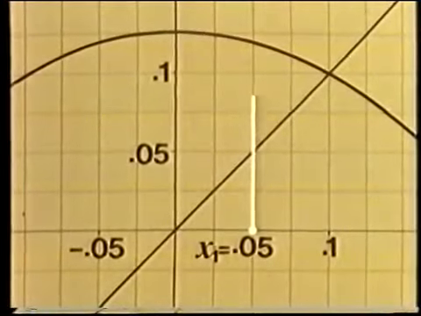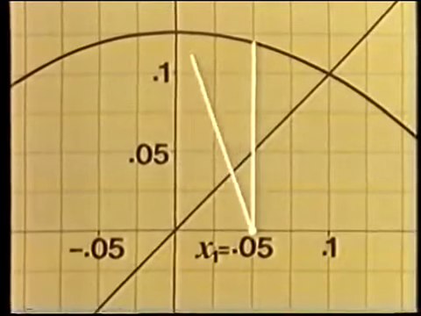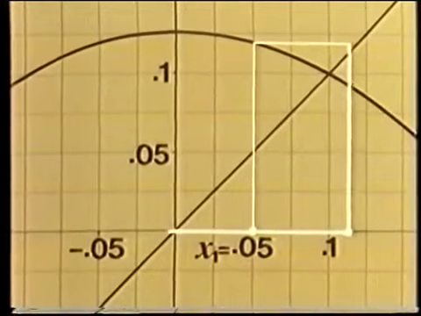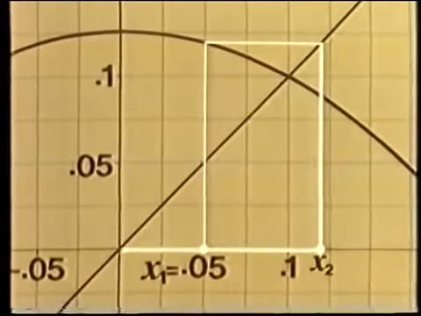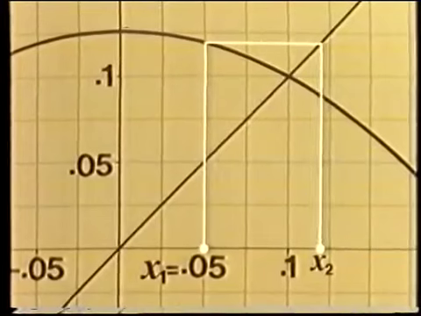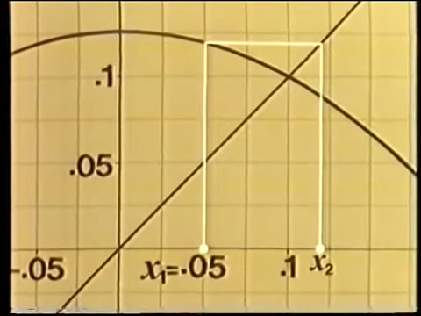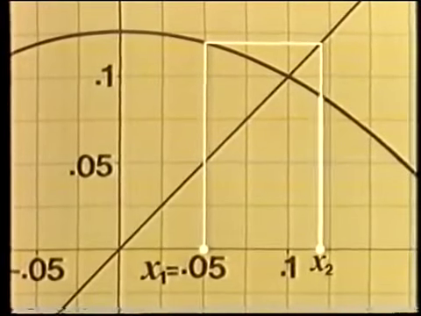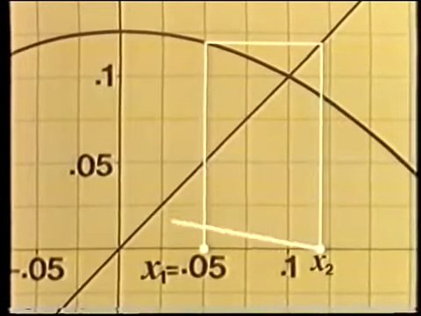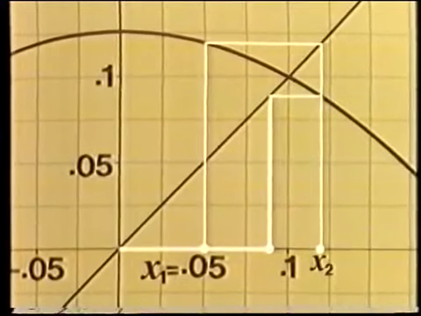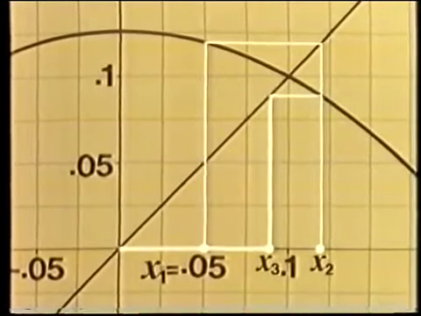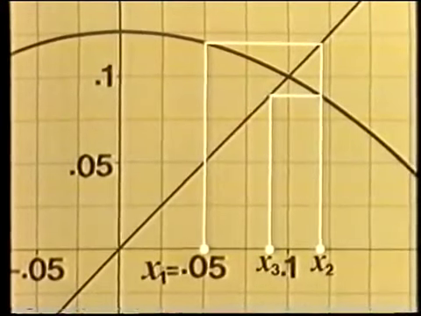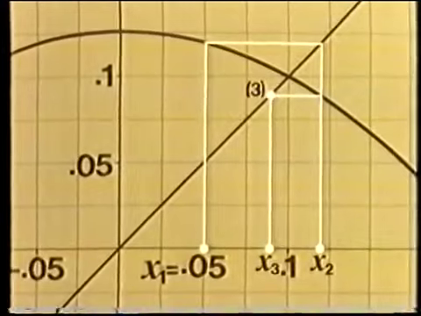We measure the distance x2 horizontally from the origin. And, as before, the distance x2, measured vertically, exactly reaches the line x maps to x. Then x3 is f of x2, and we measure it horizontally from the origin. So x3 is this distance, and we can record its position by the point above it on the diagonal.